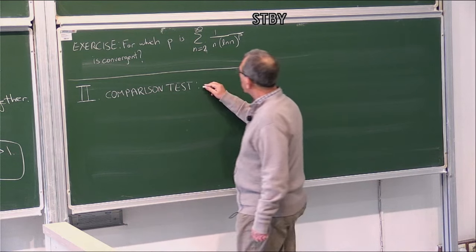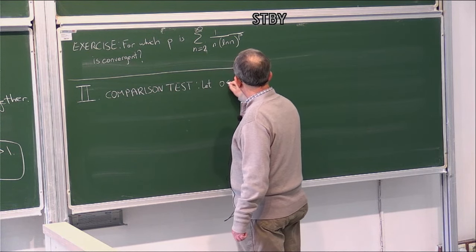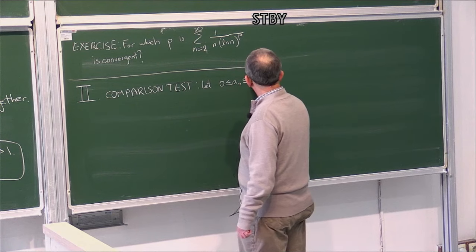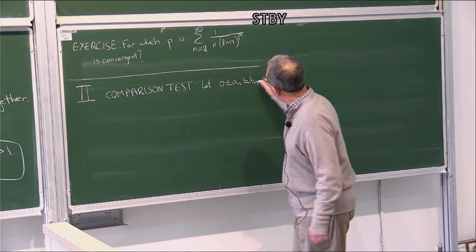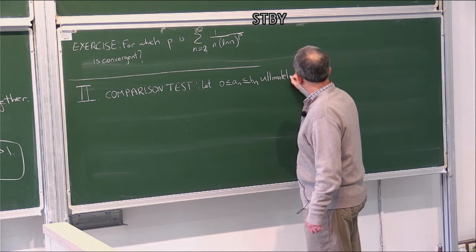So, let a_n be smaller than b_n ultimately.